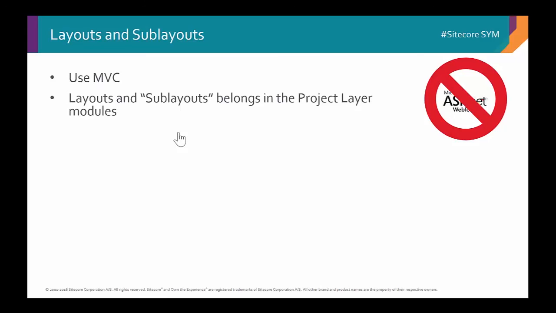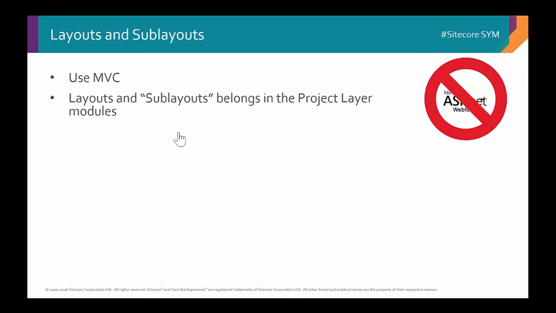All of it belongs in the project layer. You can think about why, because the placeholders, the placeholder settings, and what renderings go in what placeholders all require dependencies on the renderings. You need to know the renderings. And the renderings, as you probably worked out, live in the feature modules.